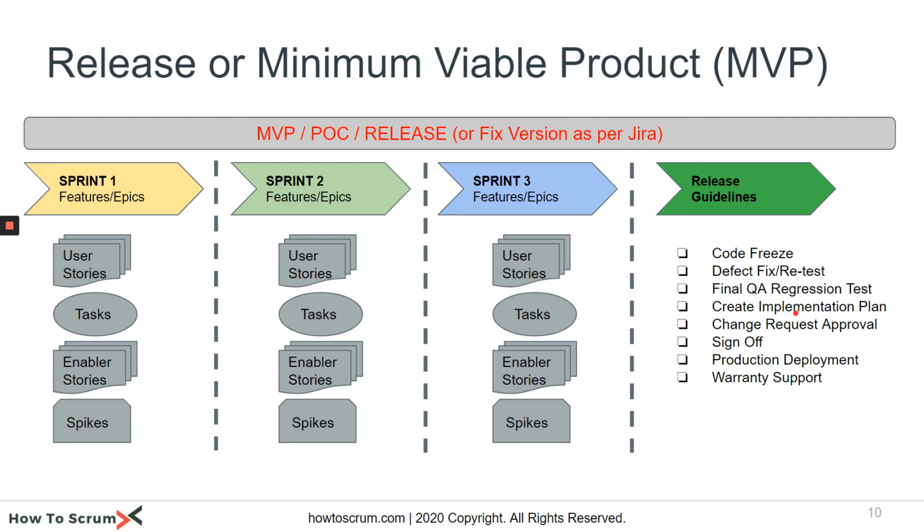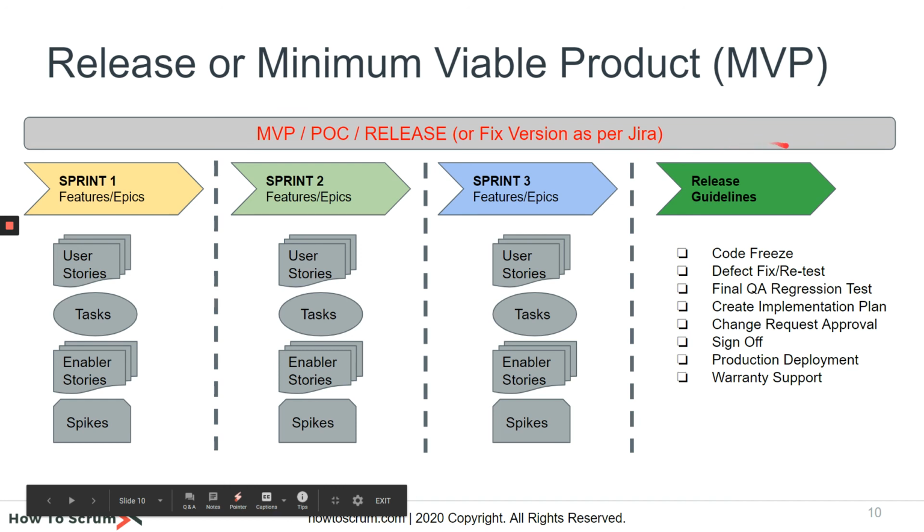All the approvals have been taken care of, sign off from the business, from all the lines of the business, and then it is ready for deployment in production. And then there's warranty. So this happens when the team or the organization decides that after a certain number of sprints, they should be ready to deploy into production. Then you can have these kinds of areas to take care of.